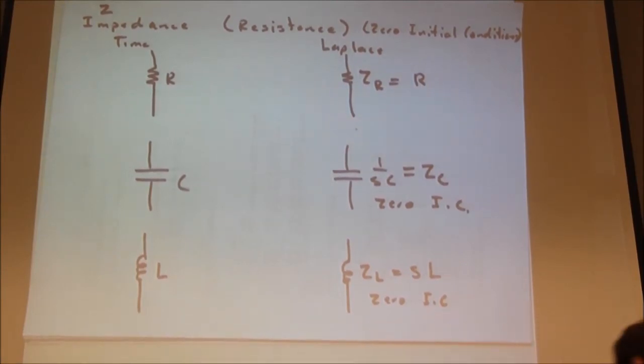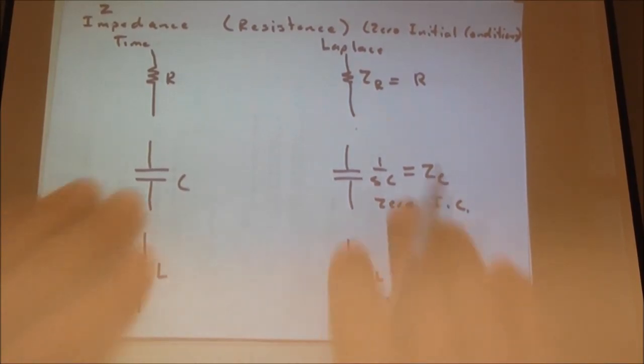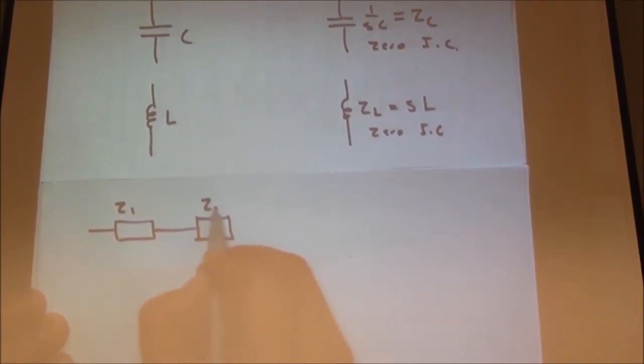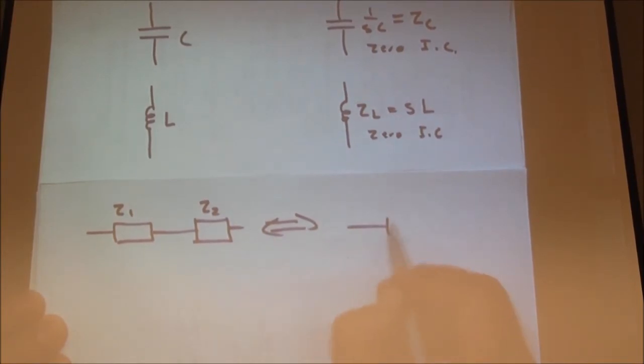Why does that help? Well, these are impedances, and we treat impedances just like resistance. So all the resistor rules that we've used, resistors in series, resistors in parallel, we can treat impedances the same way. So if we have two impedances in series, Z1, Z2, well, the equivalent, Z equivalent equals Z1 plus Z2.